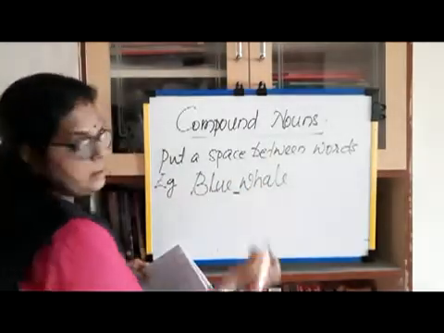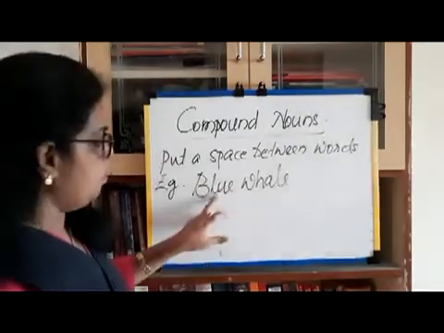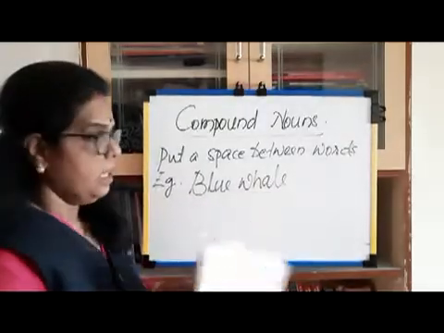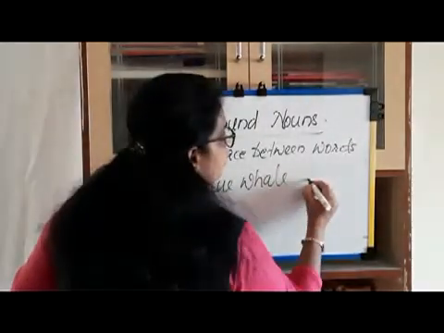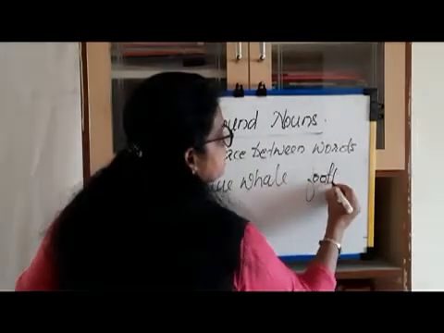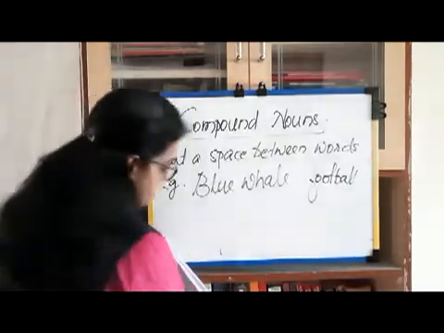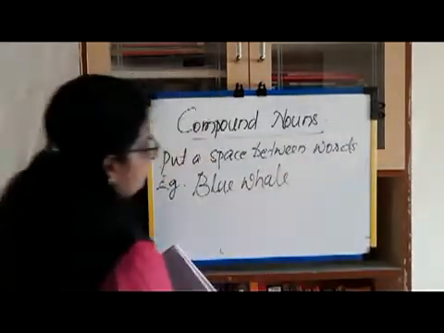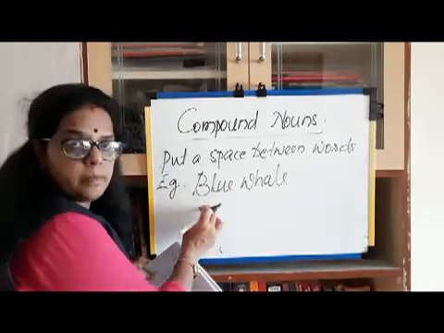We put a space here. Blue plus whale, blue whale. Why do we write football as one word? We don't give a space; we write one word, football. But here we write blue whale. We put a space here between the two words.